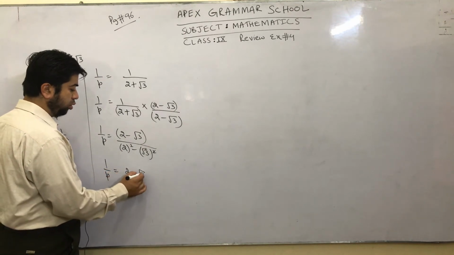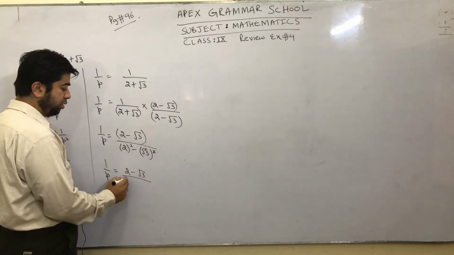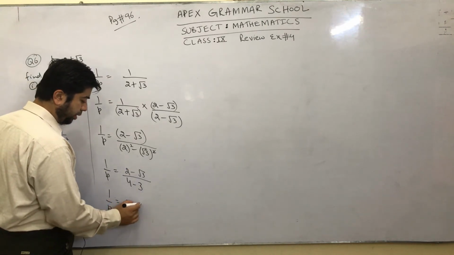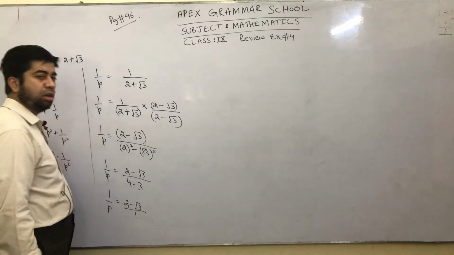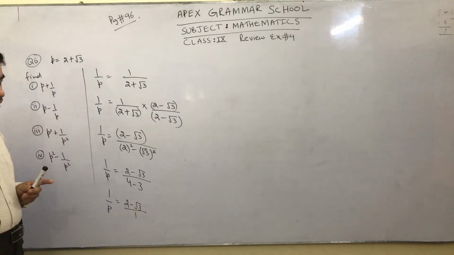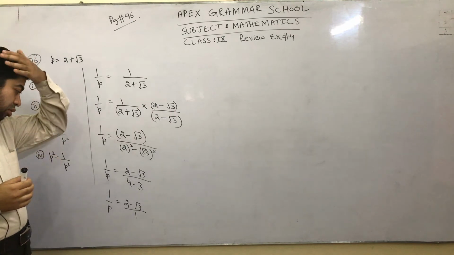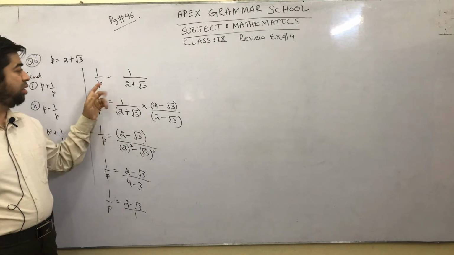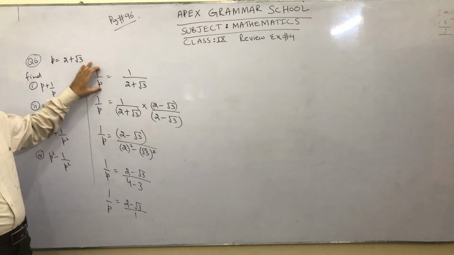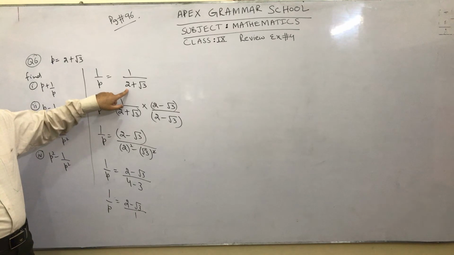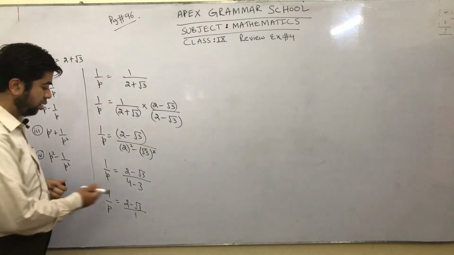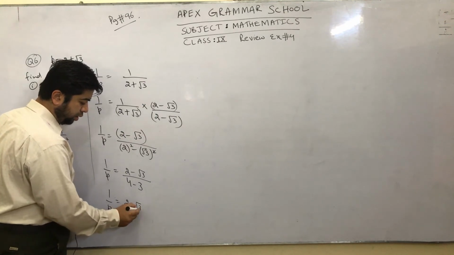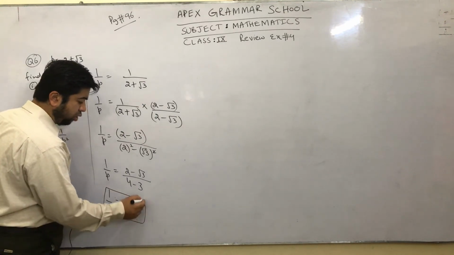So 2 minus square root 3 divided by 2 square minus 3, that is 4 minus 3, which means 1. You can see that the denominator is a rational number now. When we started the fraction 1 over p, the denominator was an irrational number. Whether you write this 1 or not is up to you. We have the value of 1 over p.